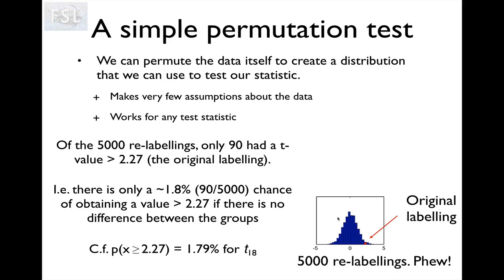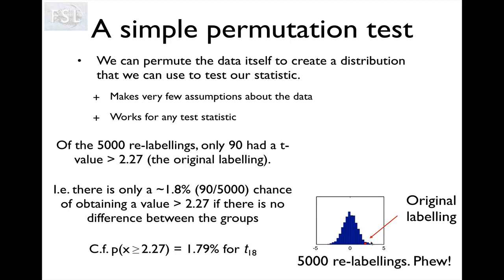But what we're seeing in this case is that out of these 5,000 relabelings, there were only 90 of them that had a t-value equal or greater than 2.27. So that is roughly 1.8%, i.e. 90 over 5,000. So there's only a 1.8% chance of attaining a value greater than 2.27 if there is no difference between the groups. And as you see, this is just the same as the p-value we've seen before.